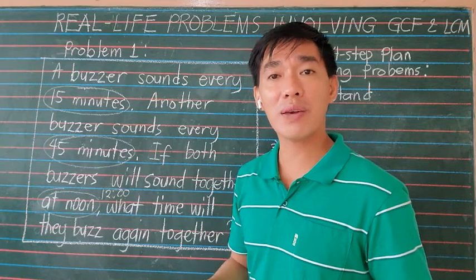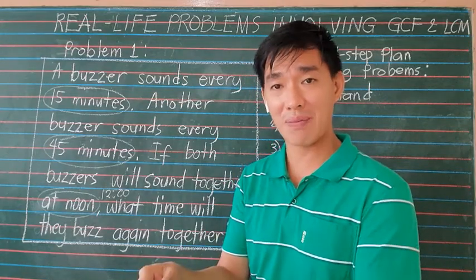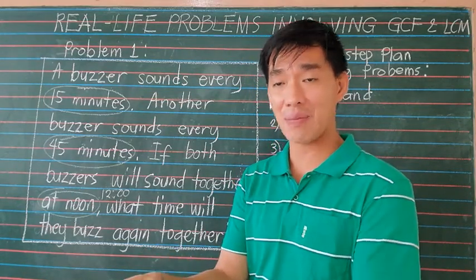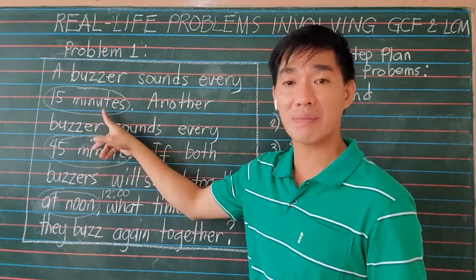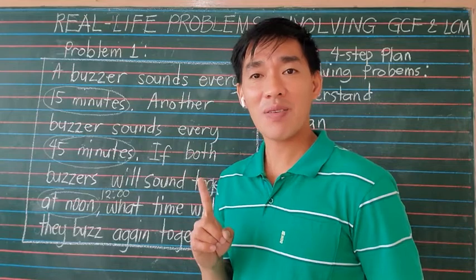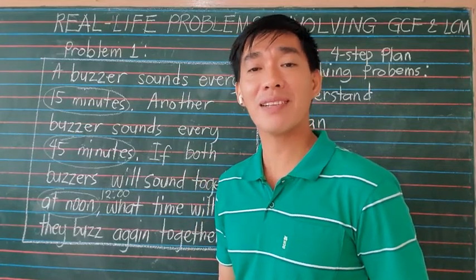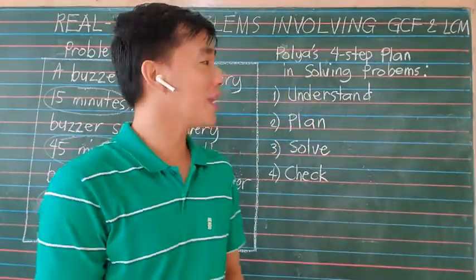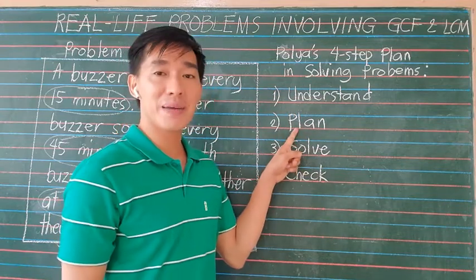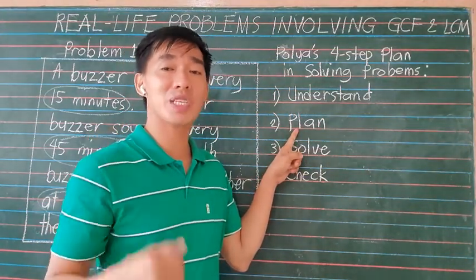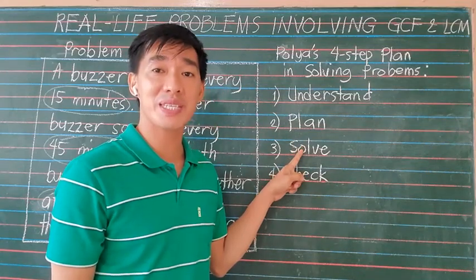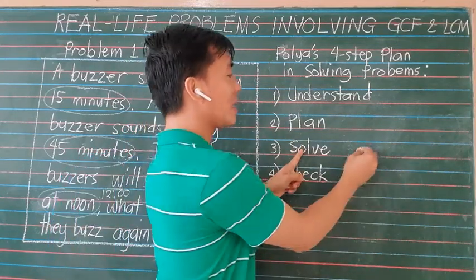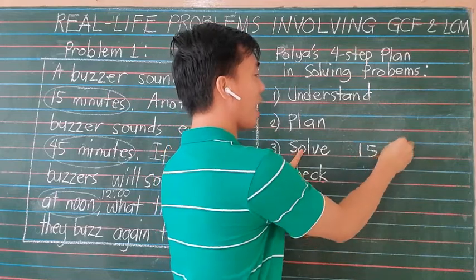So we are looking for the smallest time or the least time where the 15-minute buzzer and the 45-minute buzzer will buzz together. So I think this problem is about LCM. So we already identified the best solution for this problem, which is LCM. So we will solve now, which is the third step. Look for the LCM of 15 and 45.